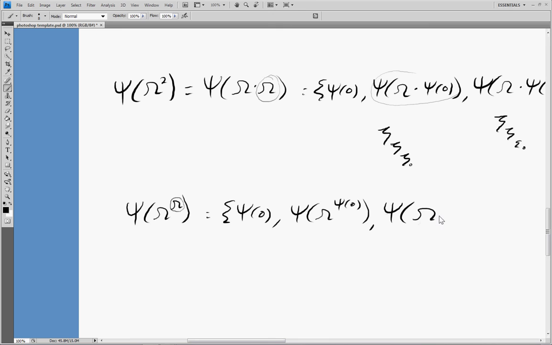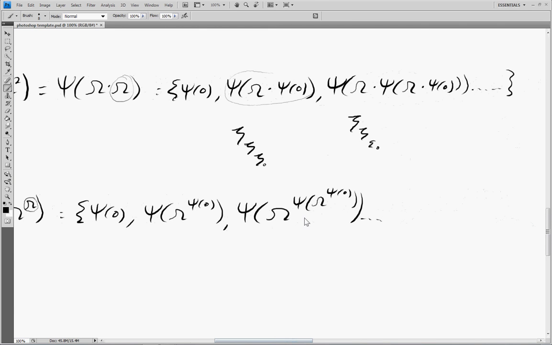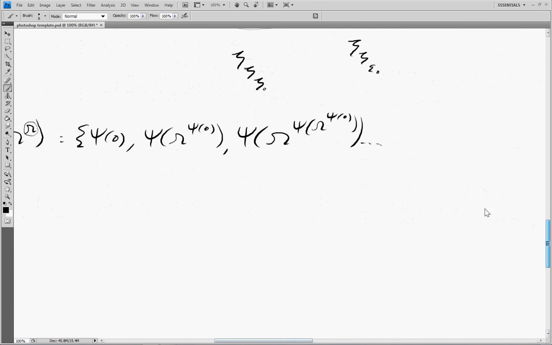So we get psi of capital omega to the power of psi of capital omega to the power of psi of 0. And this here, if we translate this back to ordinals that we know, we get psi of epsilon naught of 0 of 0. And the classic definition would be psi of 0, basically. So once again, a little bit different, but it keeps pace.